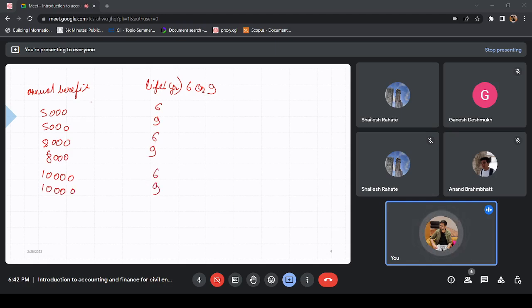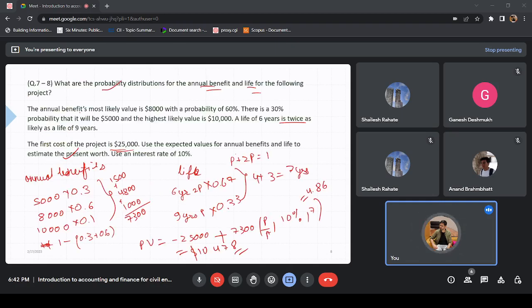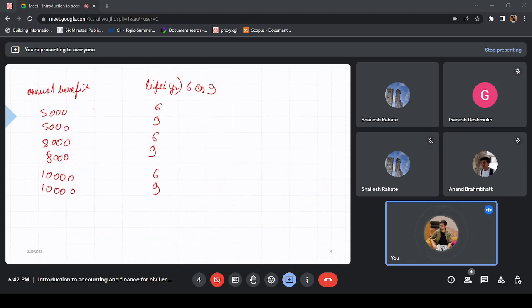Now, how to calculate the probability? So we note that the probability of this was 0.3, 0.6, and 0.1, right? And for these events it was 6 or 9. It was 2/3 and 0.33, right? So joint probability.